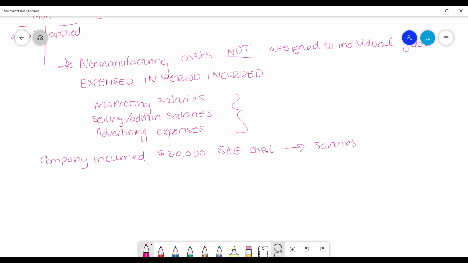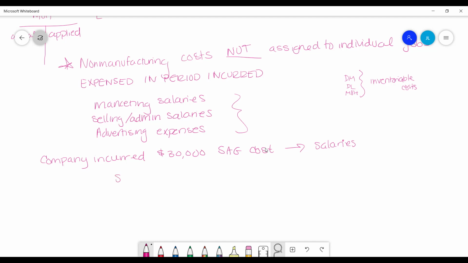So we would journalize this how we remember from financial accounting, right? The prior costs that we talked about, direct materials, direct labor, manufacturing overhead, these right here are inventoriable costs, meaning that they sit in inventory until they're sold. But selling, administrative, and general costs and even advertising costs, these aren't inventoriable, they're expensed right away. And that's what we're used to from financial accounting too. We debit an expense and then credit either a payable or a cash account.